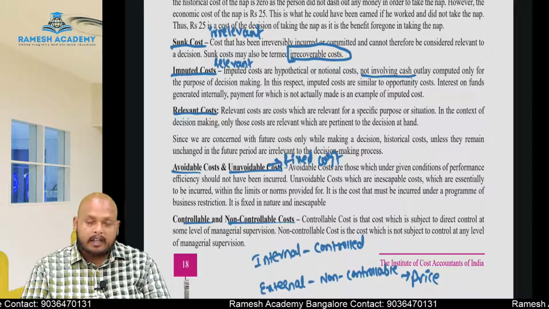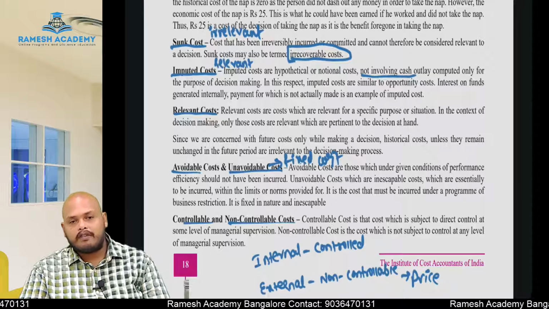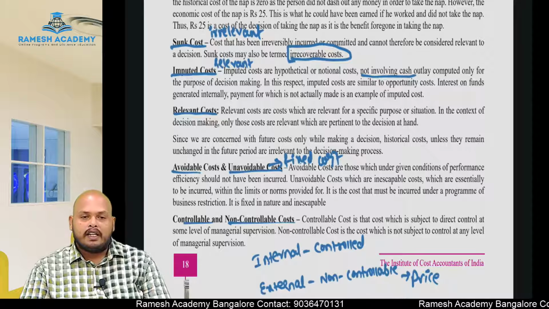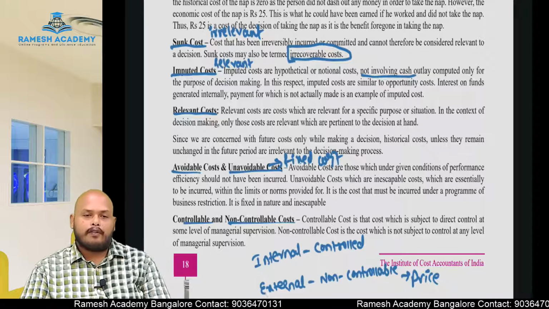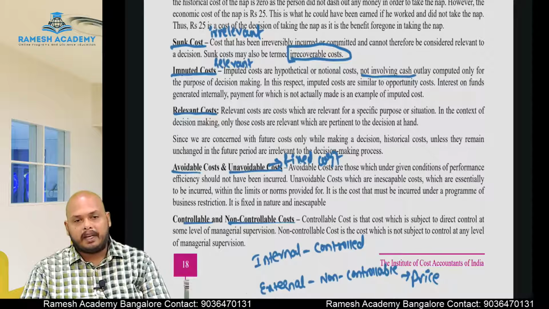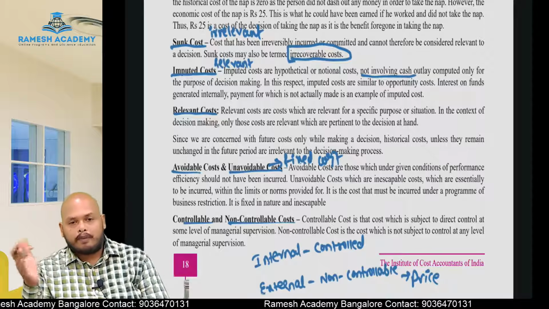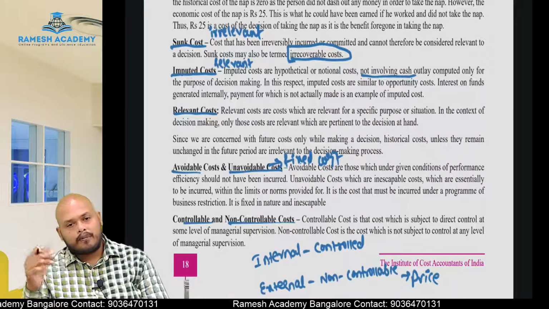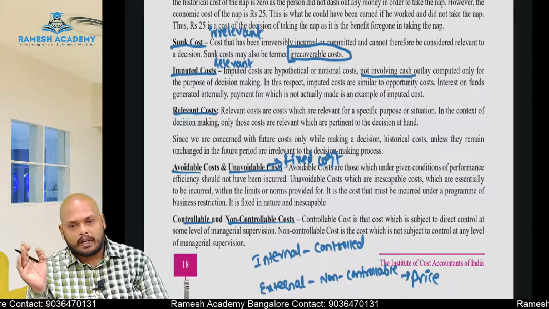Then what do you mean by controllable cost, sir? Controllable is nothing but internal things, which we can control. Suppose employees have to come daily at 9 a.m., but because of a lack of discipline in the organization, one person is coming at 9:10, one at 9:30, one at 10, one at 10:45.